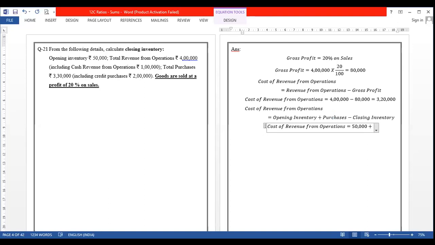We need to take the total purchases over here, that is 3 lakh, irrespective of cash and credit. And minus closing inventory, which we had to calculate. I need to place the value of the cost of revenue from operations, which was calculated as 3,20,000.